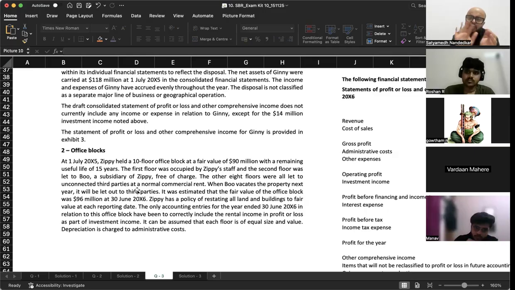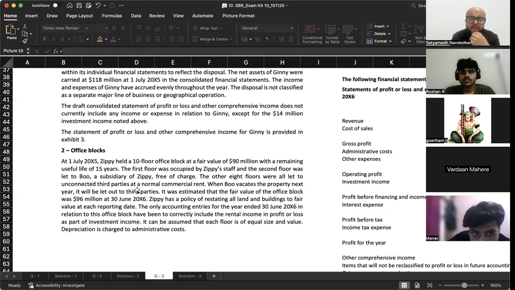Yes, sir. Because now Roshan is not separate, Roshan is me. He's a part of me, right? So even though the second floor was given to Boo, a subsidiary of Zippy, free of charge, at the time of consolidation it should be treated as property, plant and equipment and not investment property by Zippy company.